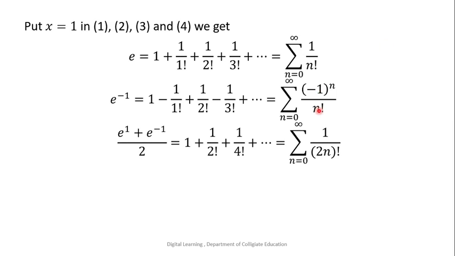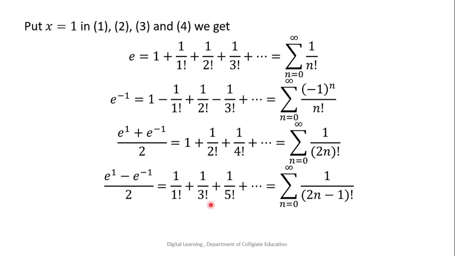Similarly, put x equal to 1 in equation 3, we get e to the power of 1 plus e to the power of minus 1 divided by 2 is equal to 1 plus 1 by 2 factorial plus 1 by 4 factorial plus so on, which is equal to summation n equal to 0 to infinity 1 over 2n factorial. Here put x equal to 1 in equation number 4, we get e power 1 minus e power minus 1 divided by 2 is equal to summation n equal to 0 to infinity 1 over 2n minus 1 factorial.